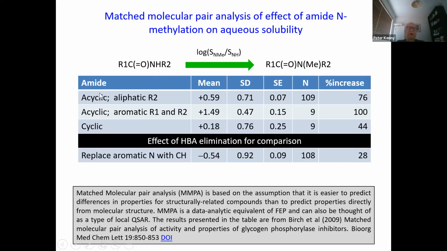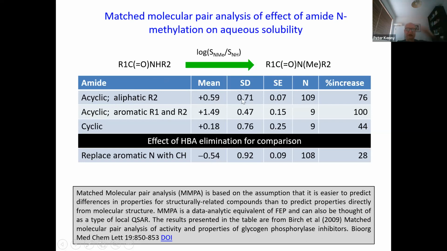So let's go through the first one. This is an alicyclic amide, and the amine part is an aliphatic amine. What you find is that when you methylate, you get a mean increase in aqueous solubility of about 0.6 log units.